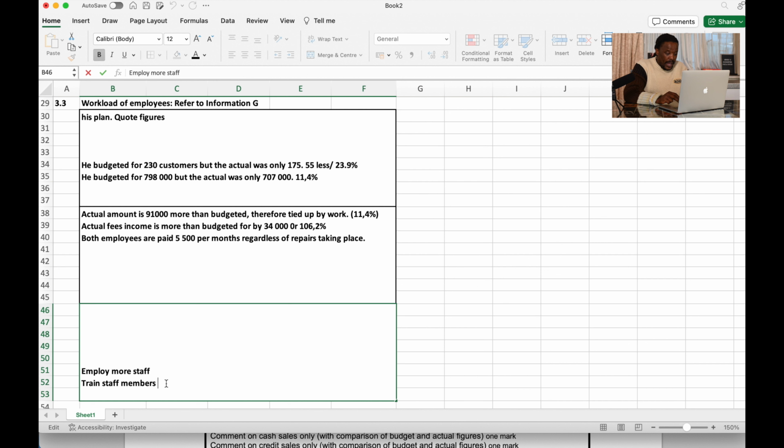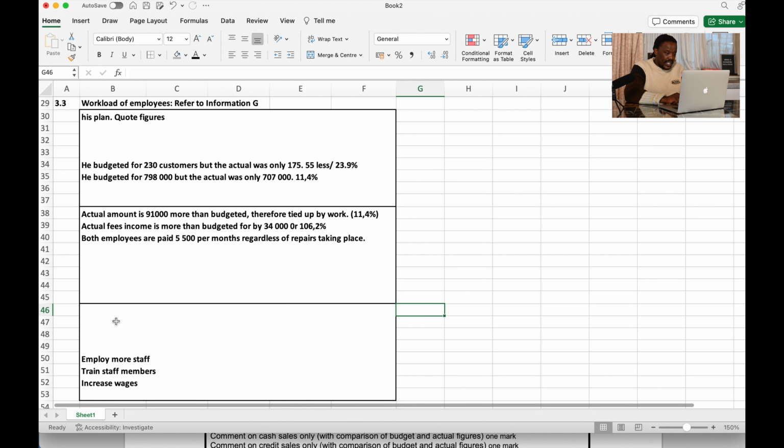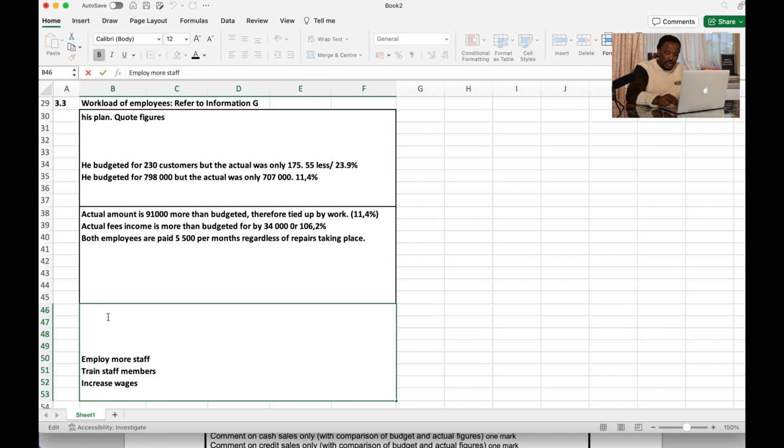You can mention maybe another reason like increase wages, and that will encourage these workers to actually work more in that department. So this is how you solve these questions.